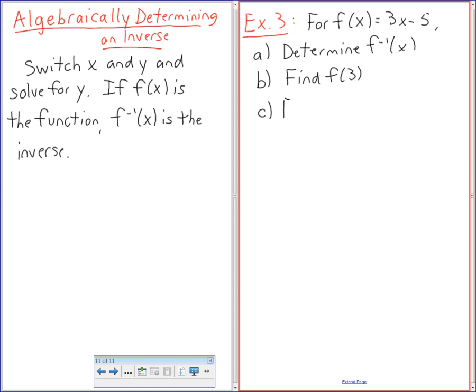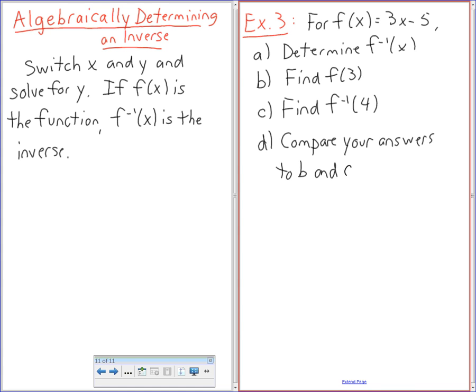C, find f inverse of 4. And D, compare the answers to B and C. Okay, B and C will be related, and we'll find that and show that in a second.